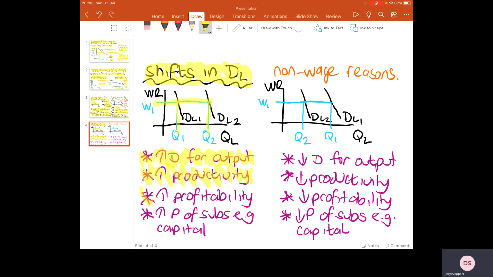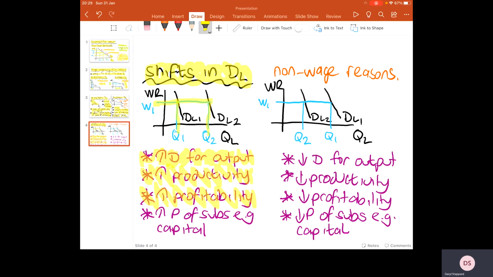Now, it could also be driven by a growth in profitability. Now, the idea is that when the economy is doing well and you've got growing demand for goods and services, then firms become more incentivized to produce. With the logic being all they can see is, well, the economy is doing well, the business is doing well, we've got this growth in profitability. It's incentivizing businesses to want to invest more.